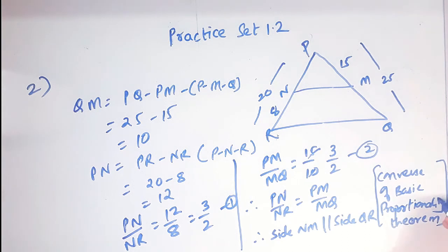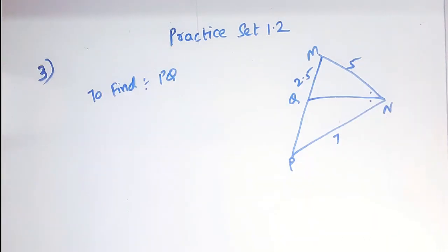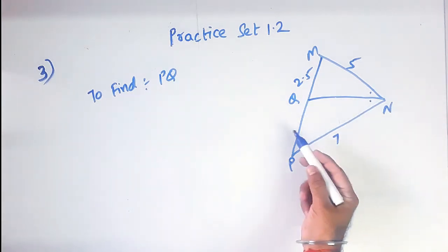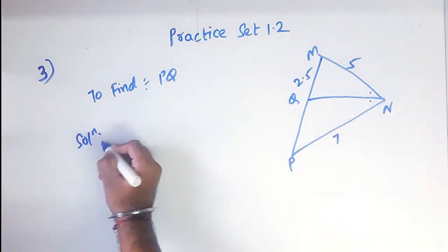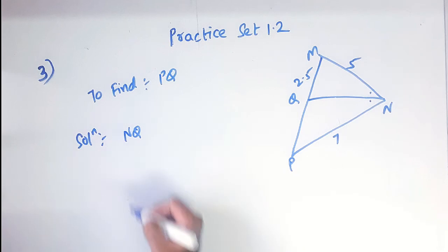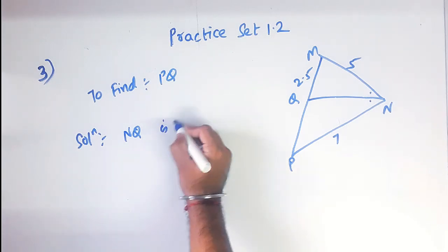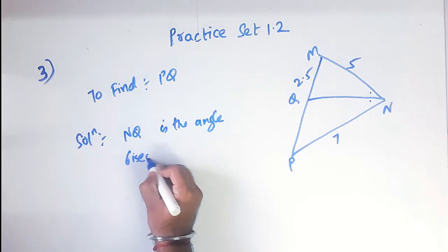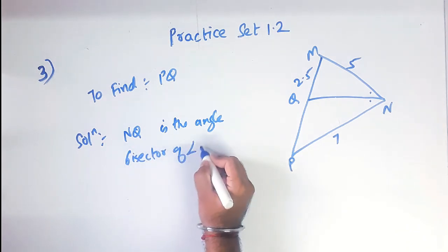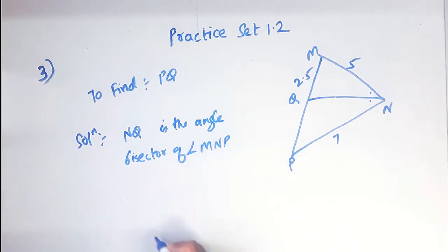Okay, then we'll move on to the next one. Question number 3, they have given NQ is the angle bisector. Okay, because this is the angle bisector, you can use here the angle bisector property. NQ is the angle bisector of angle MNP.